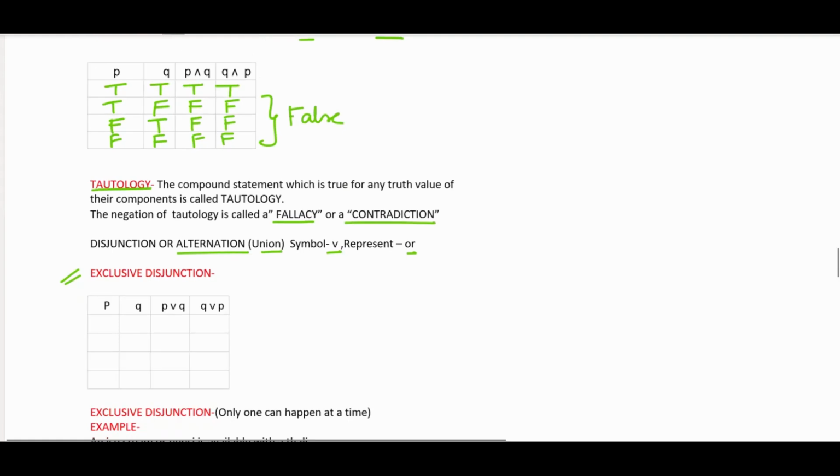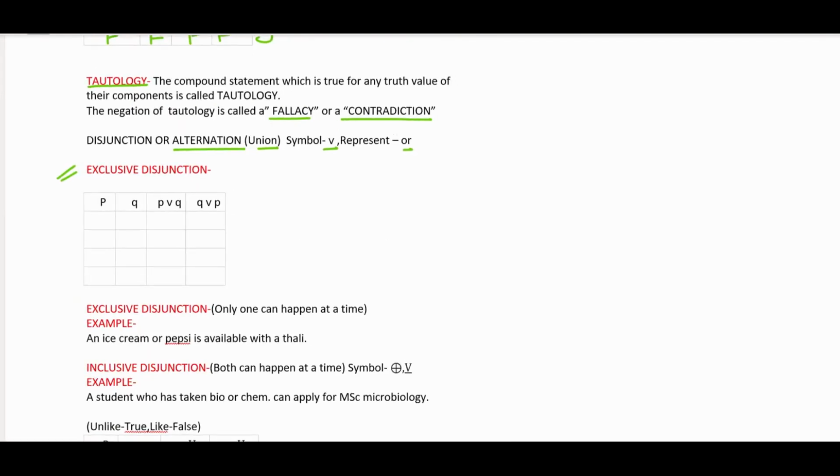Now what is the truth table here? You should know the difference between exclusive disjunction and inclusive disjunction. But we get the question of exclusive disjunction only in the entrances. So you have to keep in mind that in the truth table of exclusive disjunction, true will dominate. That means if the truth value of the first statement is t, the truth value of the second statement is again t, then t union t is t.